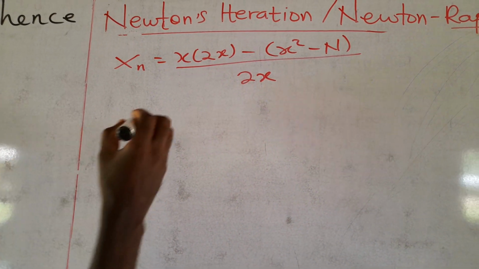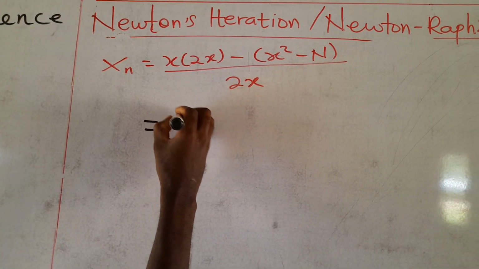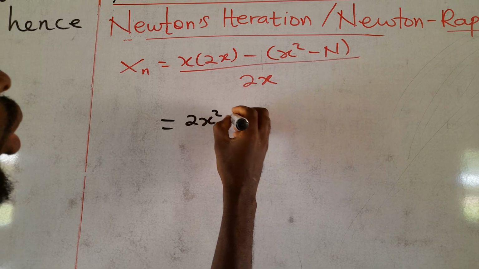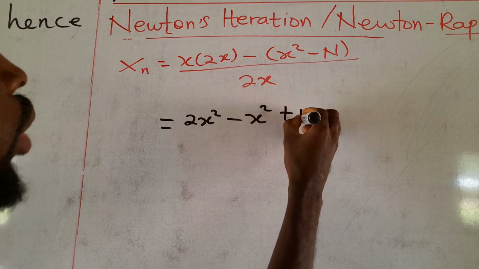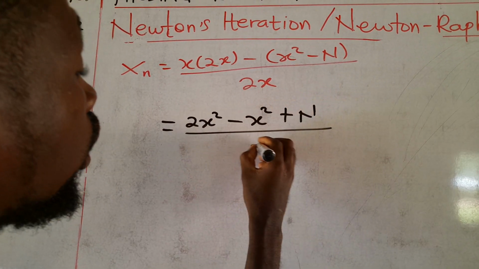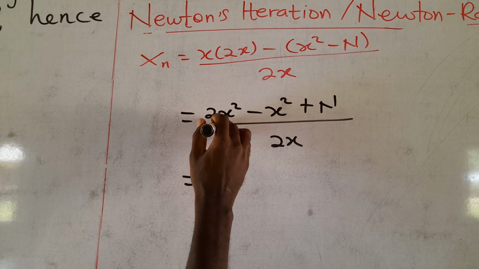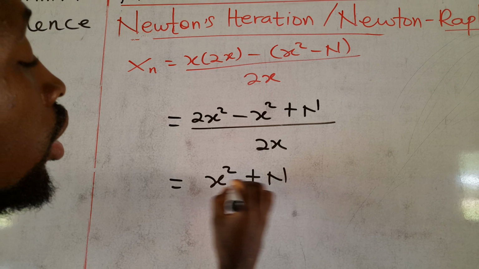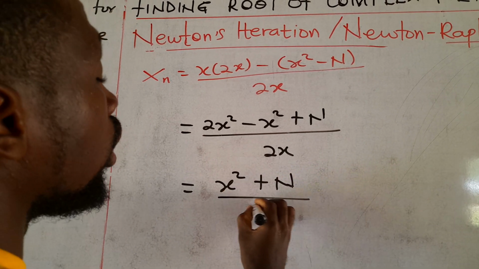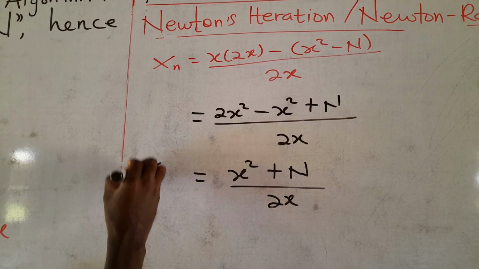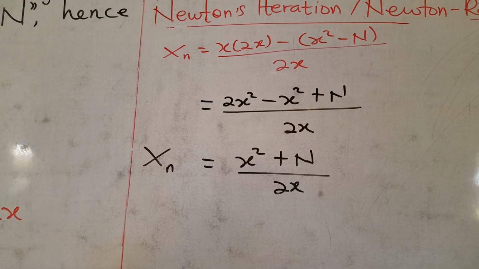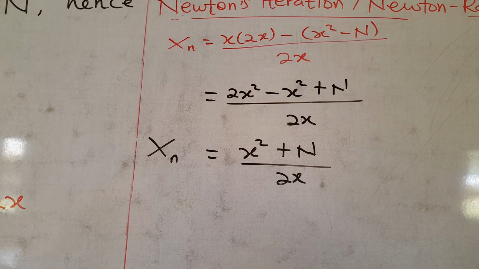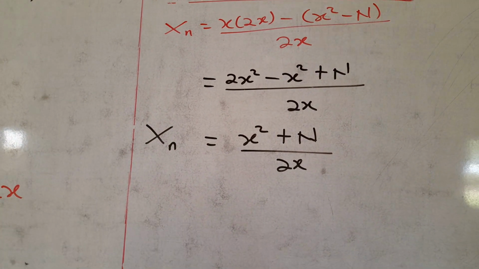I'll solve that further. x times 2x will give us 2x squared, and this will be minus x squared, then plus n, all over 2x. 2x squared minus x squared will be x squared, plus n all over 2x. Then we can say this will be the Newton's algorithm for evaluating or finding the square root of n.